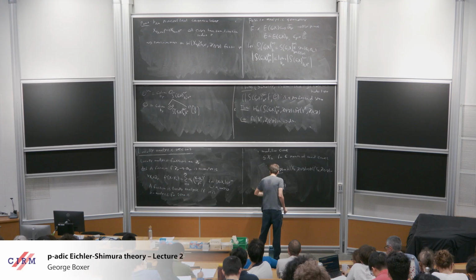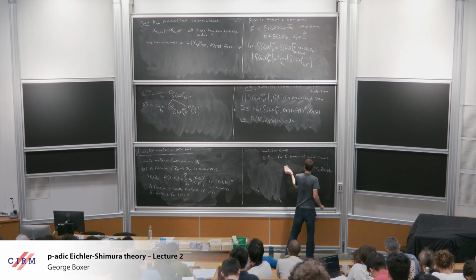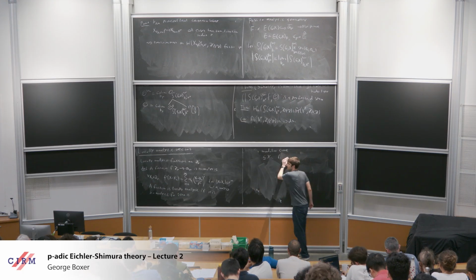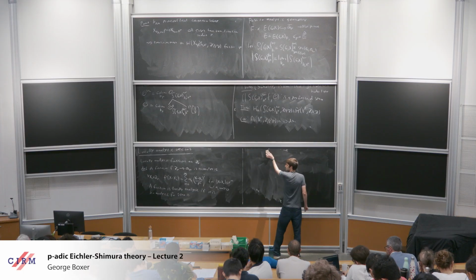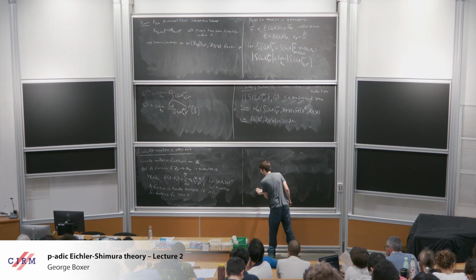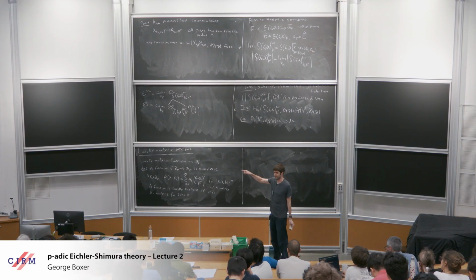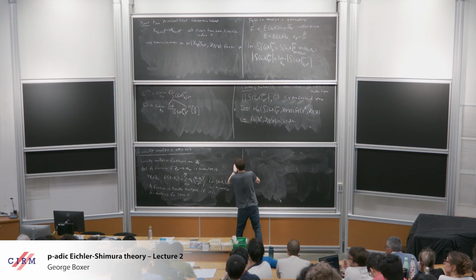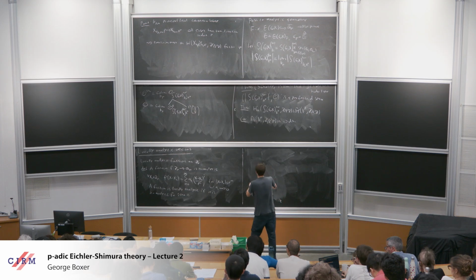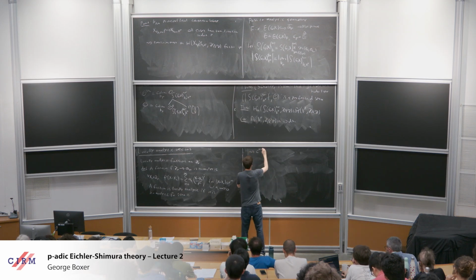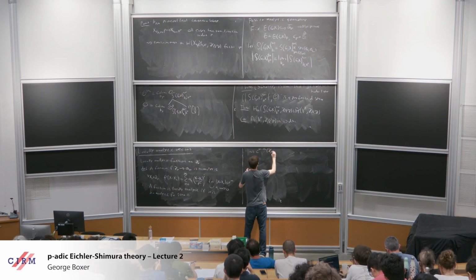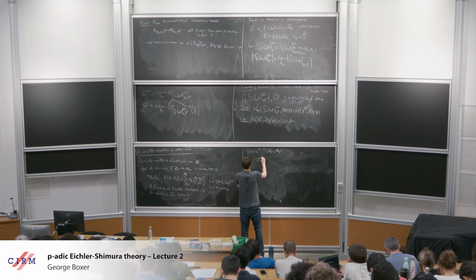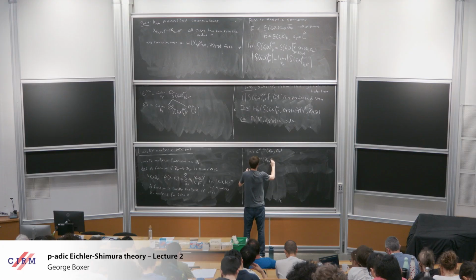Okay, and so in this way, we get some function spaces, which I'll call C^n-an(Z_p, Q_p), and their union, which is C^la(Z_p, Q_p).